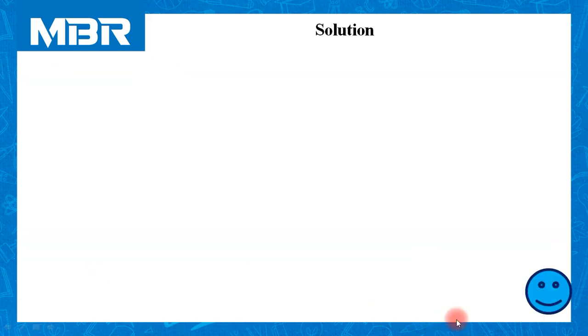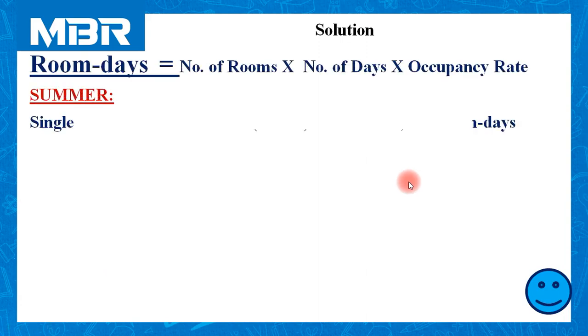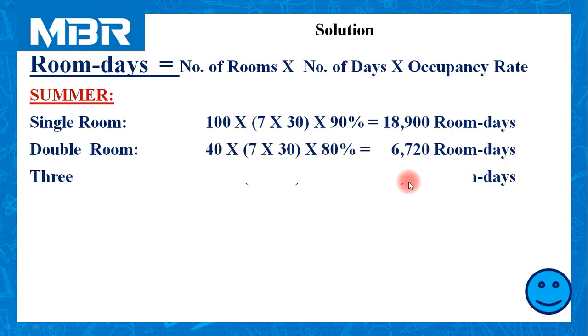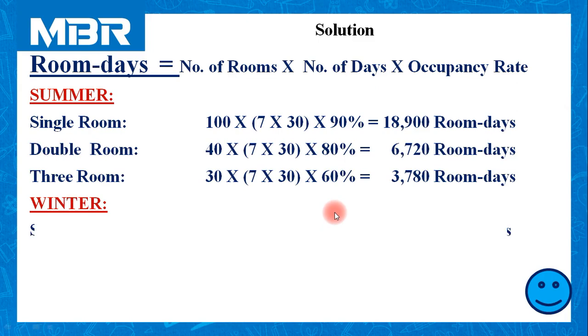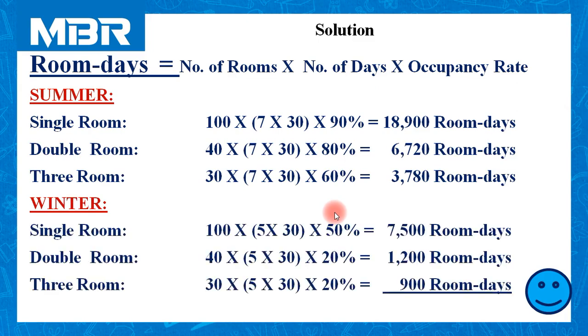Let us visit the original calculation first. In this calculation, for single room during summer we have 18,900 and for single room during winter 7,500.